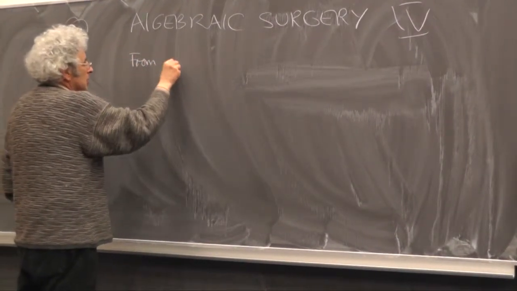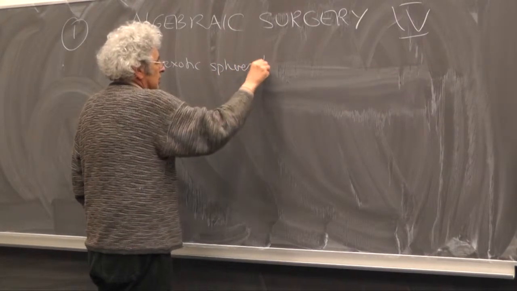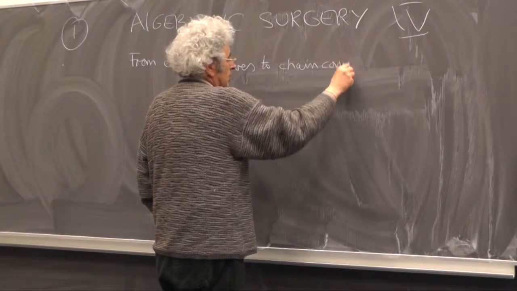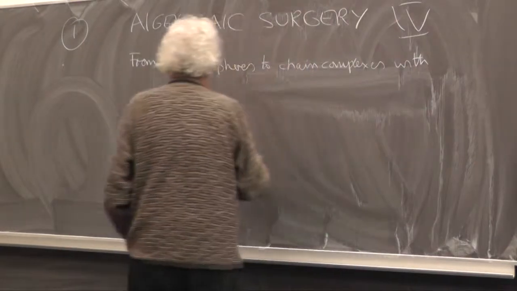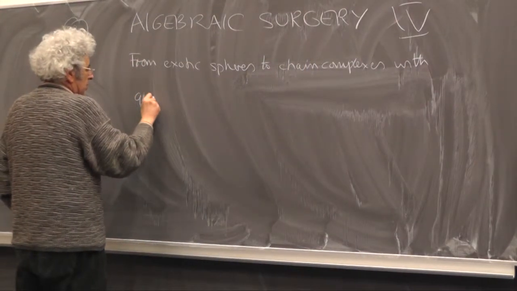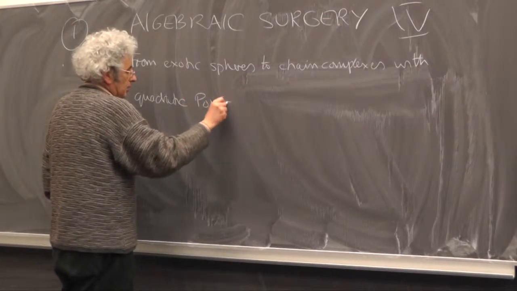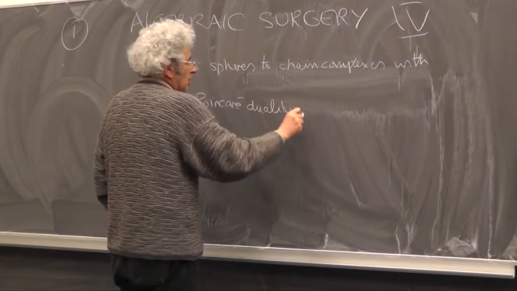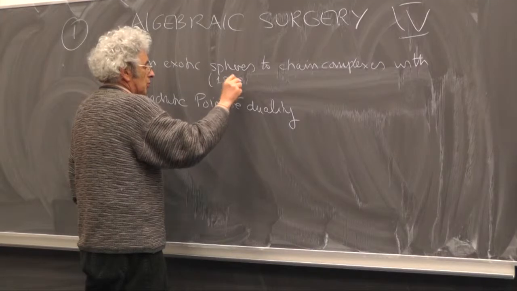So this will be called From Exotic Spheres to Chain Complexes with Quadratic structure. So this is of course about 1962.